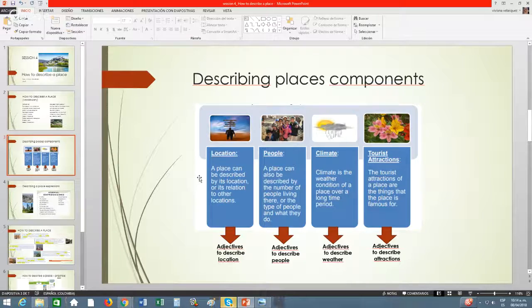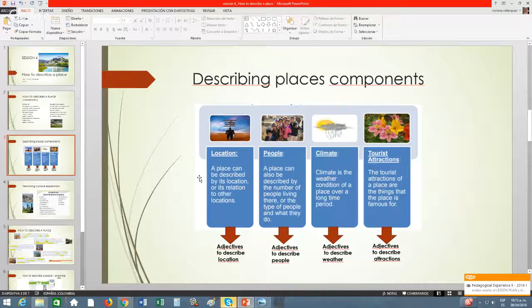So you have to describe maybe the cardinal points, like it is in the north, in the south, or the west, or the east, right? Maybe you can mention similar places which are nearby to contextualize the student a little bit more.